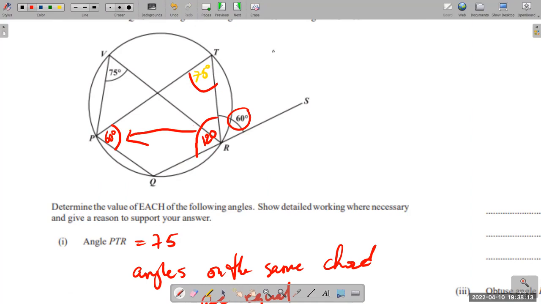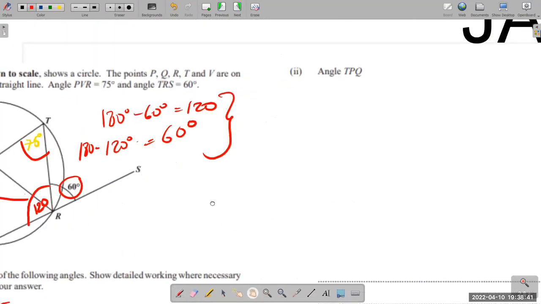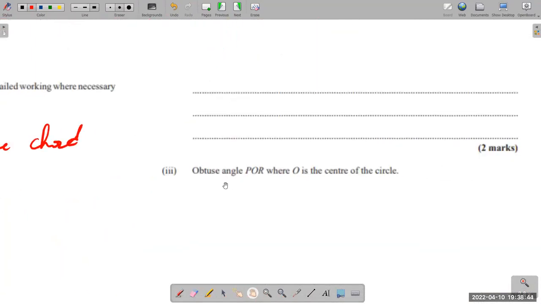So the long way would be 180 minus 60 is 120, and then 180 minus 120 is 60. This is a new concept to keep in mind: just like how you can have external and internal angles with a triangle, you can have internal and external angles with a quadrilateral. So that's the answer.